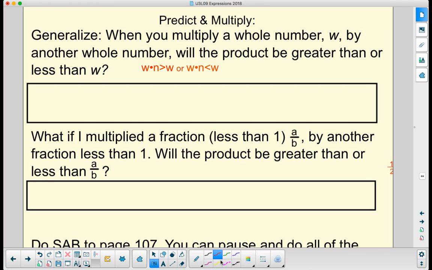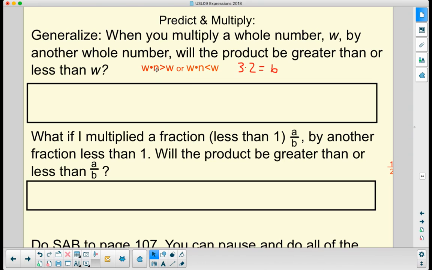So whenever I have a situation like this that's kind of confusing, I like to actually do it. Well, if my whole number was 3 multiplied by another whole number 2, that would give me 6. And 6 is greater than 3, so it would give me something greater than my whole number.